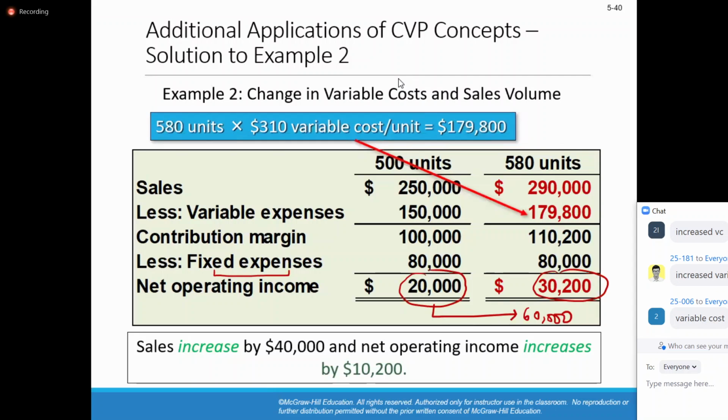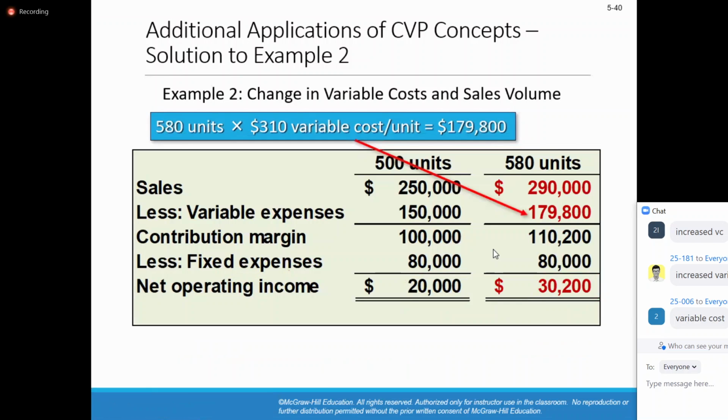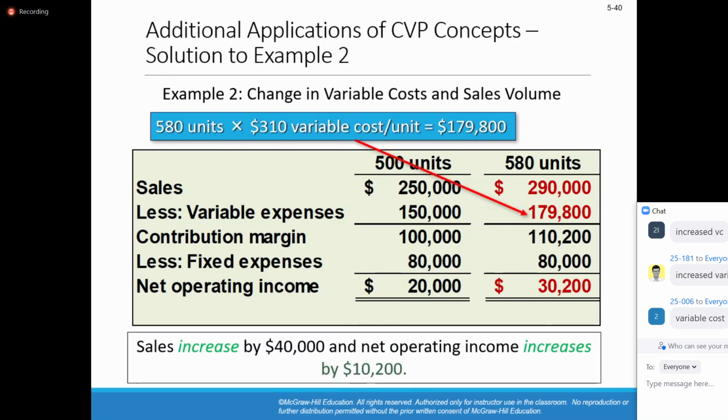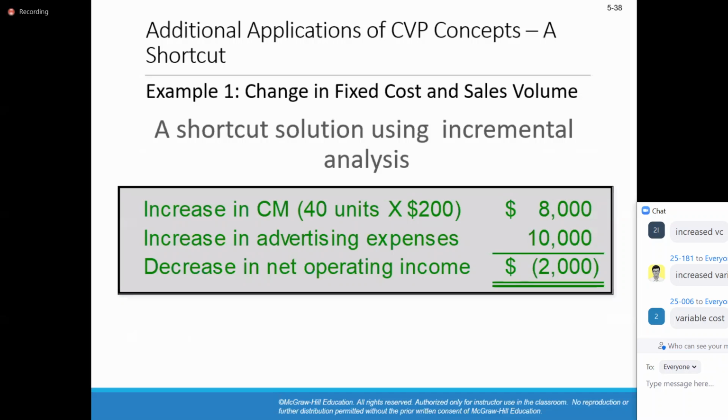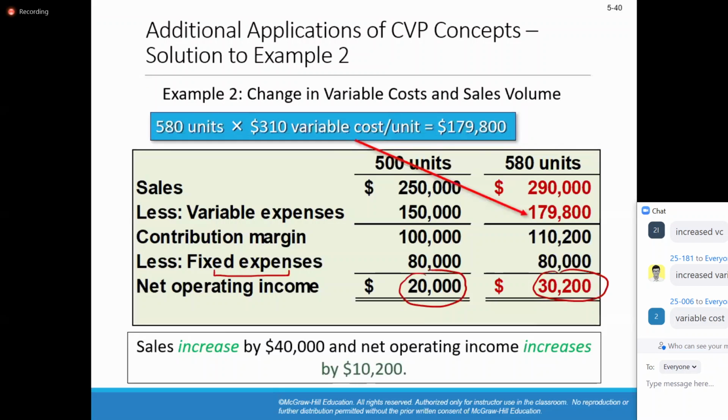So the increased variable expense is eating up our cost. And we have remaining 30,200 as profit as we have calculated in the previous one. So you see from the previous case of 500 units, we see that there has been a positive change in net profit of 10,200 for the increase of sales by 40,000.